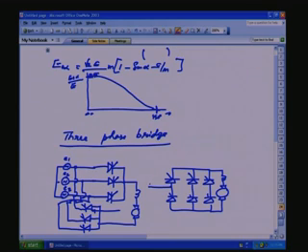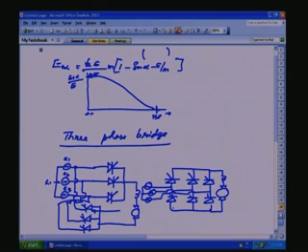E1, E2 is this way, E3 is this way as before. This is the neutral point. So this is the extension of this one. The concept, the negative side also we can use the same way, in an opposite way the thyristor has to be connected, and the 3-phase fully controlled configuration can be derived this way.